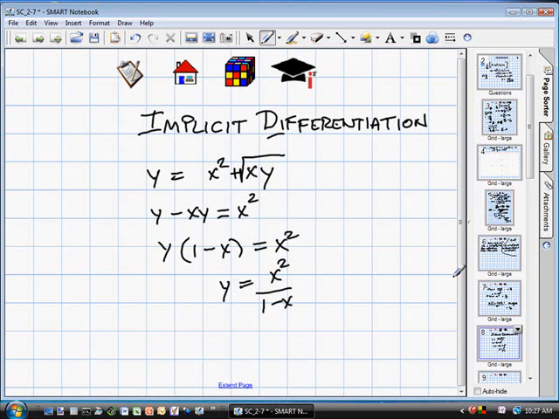Even if you can't solve for y, you can still find a derivative. And it's using this technique called implicit differentiation. We'll just go into an example from the book here. I'm just not finding the ones I expected to find here.